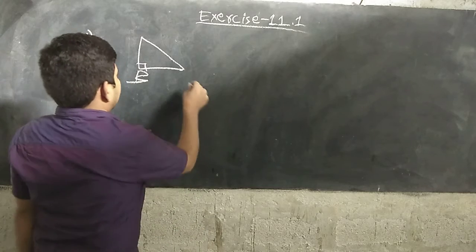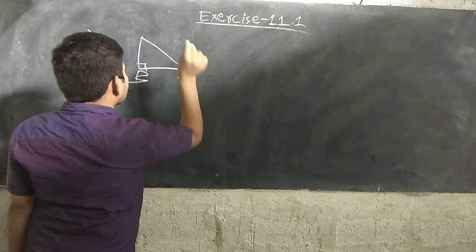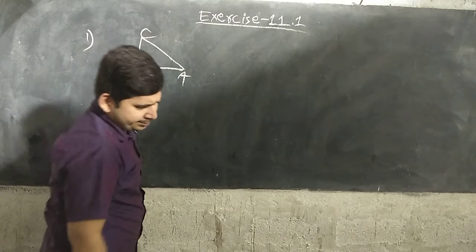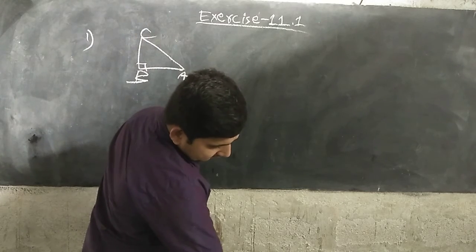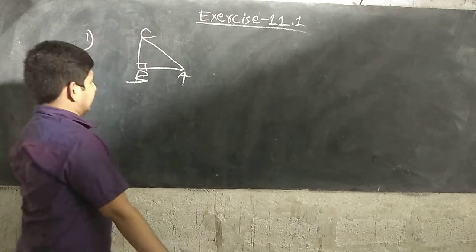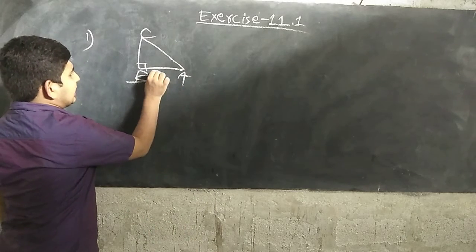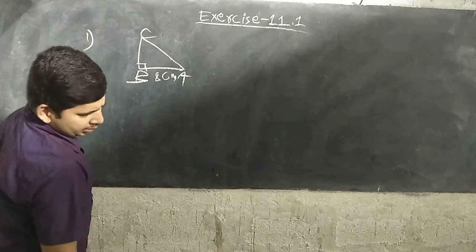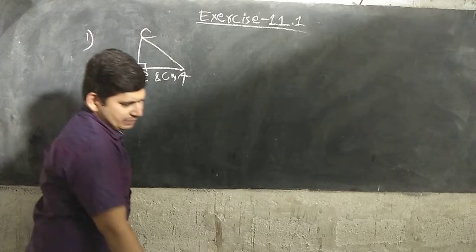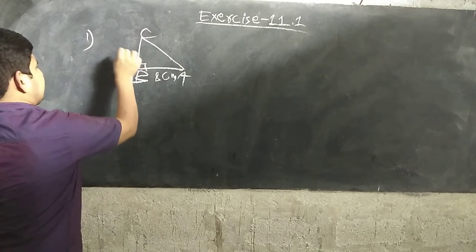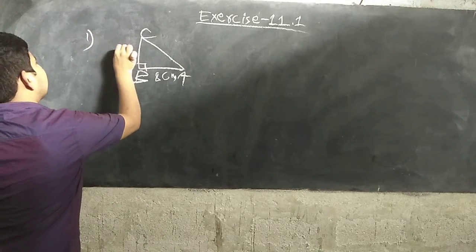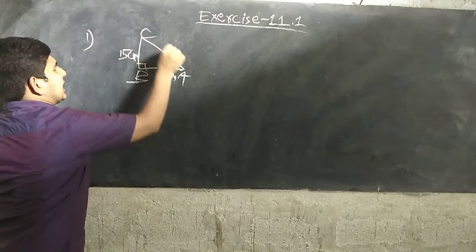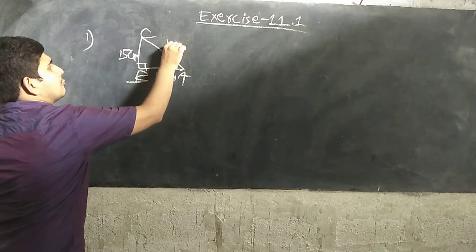Now A, B, C. AB equal to 8 centimeter, BC equal to 15 centimeter, and AC equal to 17 centimeter.